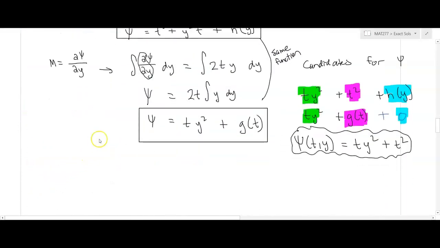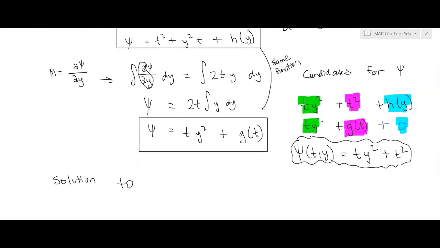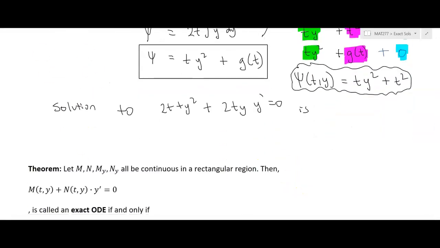So that means our solution to our original ODE, which is 2t plus y squared plus 2ty y prime equals 0, is psi of t, y equals an arbitrary constant, which means ty squared plus t squared equals the constant.